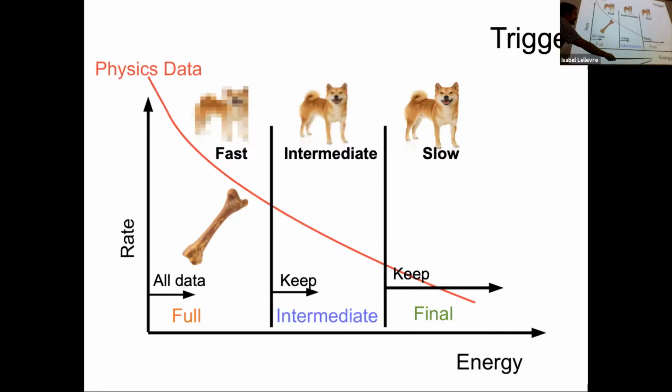As you go to higher energies, the rate becomes lower. So typically the highest energy events we get to keep, the intermediate events we only get to look at with our intermediate reconstruction, and all the events we only get to look at with a very coarse grain reconstruction.